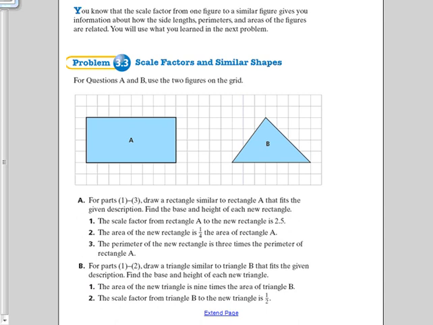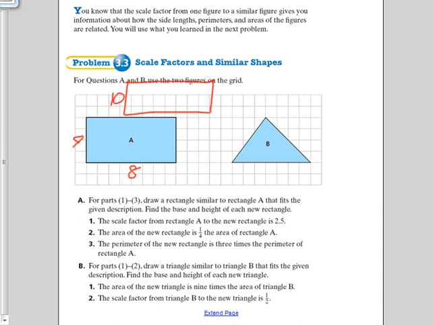Right now on graph paper, draw a rectangle, seeing as this is 4 and this is 8. I want you to draw a rectangle that is 2.5 times larger.